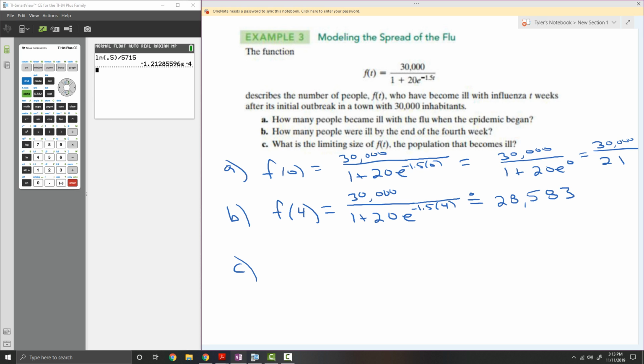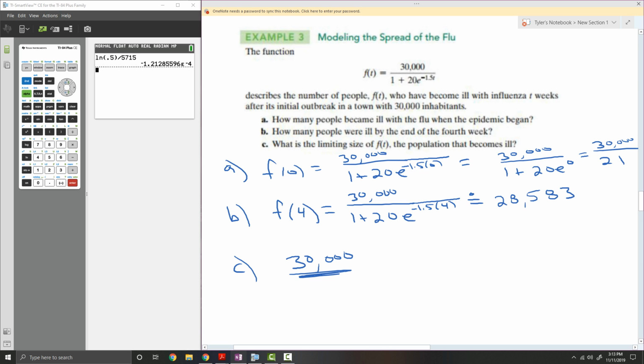Well, the limiting size would just be the population in that town, 30,000. If there's only 30,000 people in a town, then there can't be more than that get sick. That's the limiting factor here.